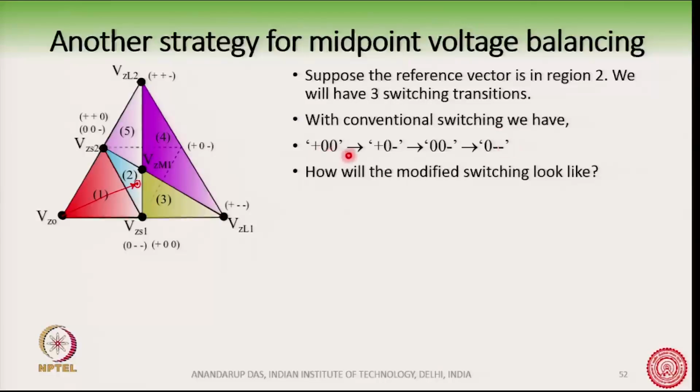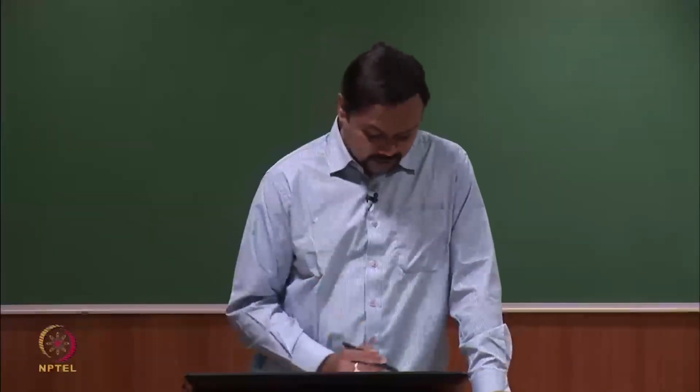So, plus 0 0 to plus 0 minus means C phase is changing from 0 to minus. Okay. Now, let us see what happens with the use of the VzM1, and how we can make a modified switching.